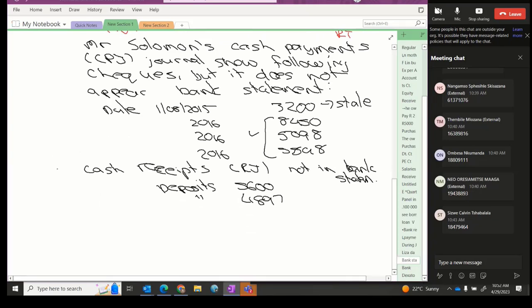Okay, but anyway, if they say in the cash receipts journal there are deposits that you showed, cash receipts is actually just the debit side of your bank account. So they say there are some deposits that you wrote there, but they're not appearing in the bank statements.